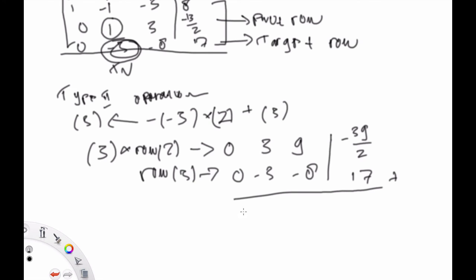Summing these, we have 0, 0, 1, and minus 5 over 2.